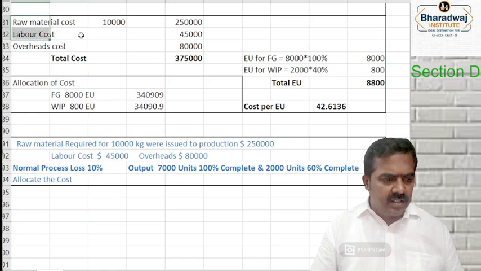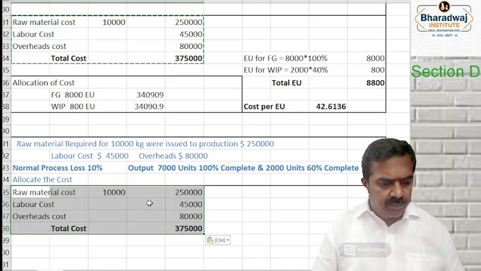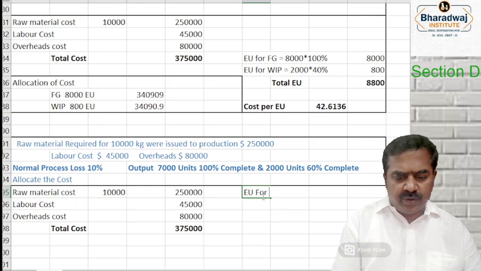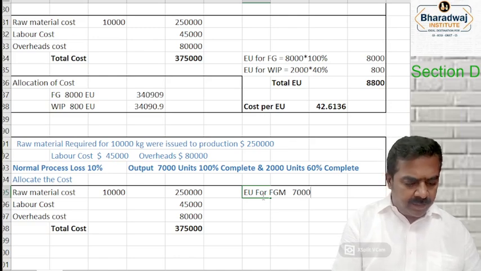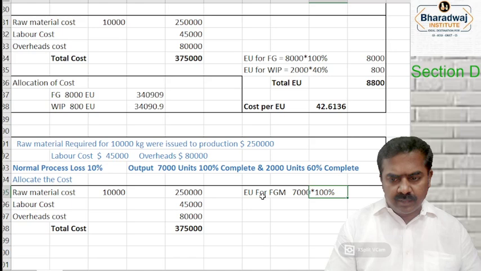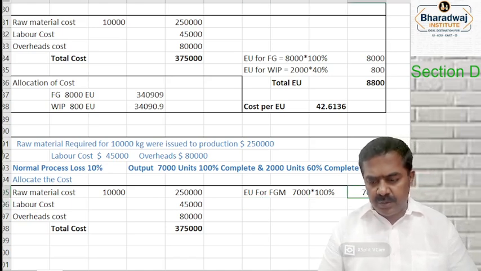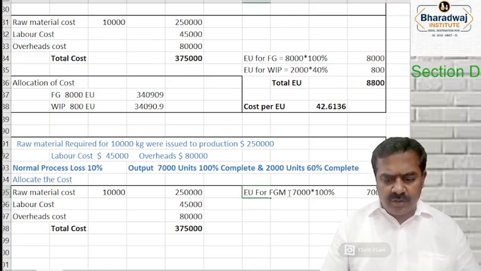This basic working is the same. Equivalent units for finished goods: 7,000 into 100%, 7,000 equivalent units.